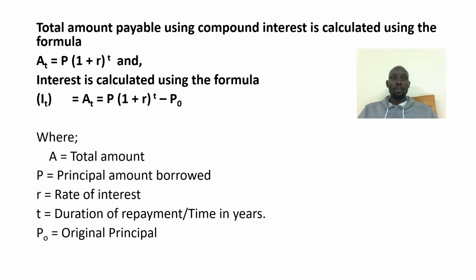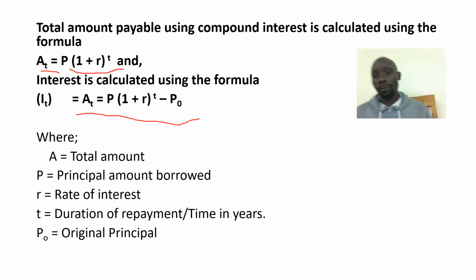Okay, so the total amount payable using compound interest is calculated using the formula A_T = P(1 + R)^T, and our interest is calculated by using the formula A_T = P(1 + R)^T minus P_0.